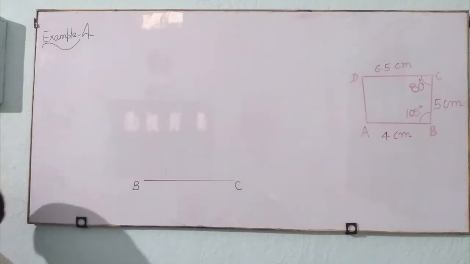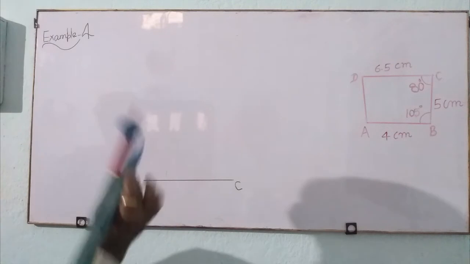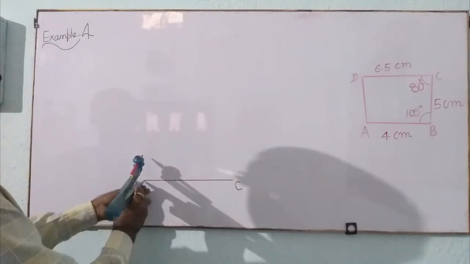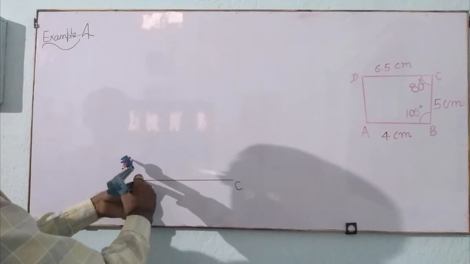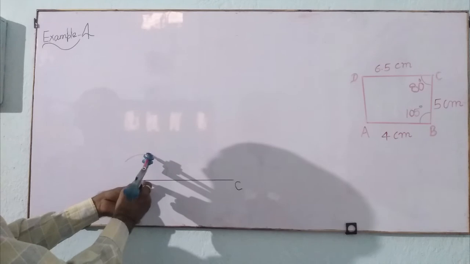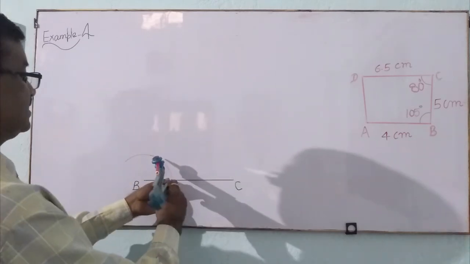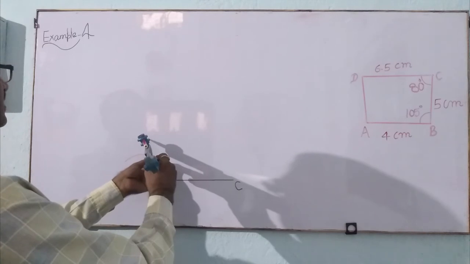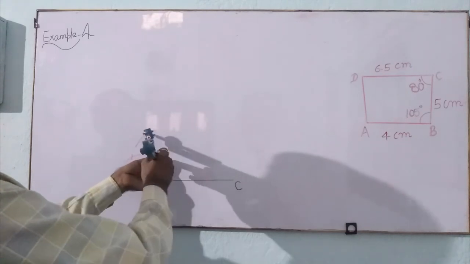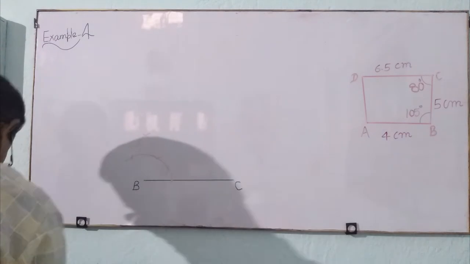Now, to construct 105 degree, use compass. Put your compass at point B. Draw an arc of any radius. Cut one mark for 60 degree, another mark for 120 degree, and then mark for 90 degree.